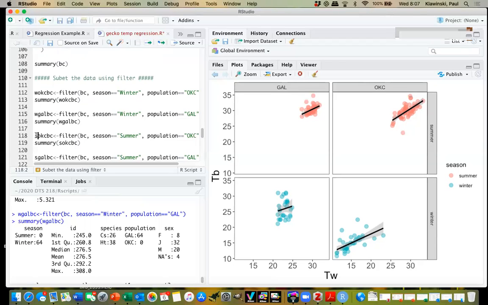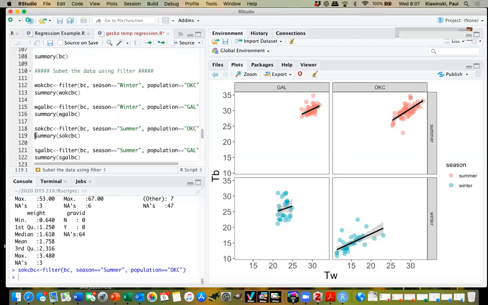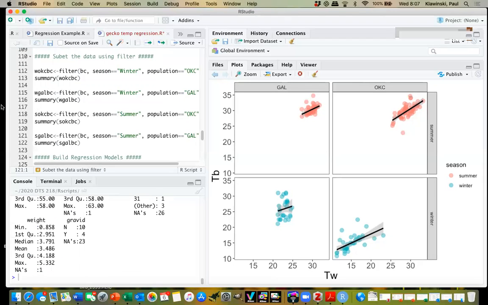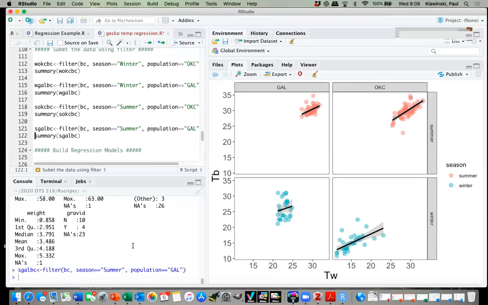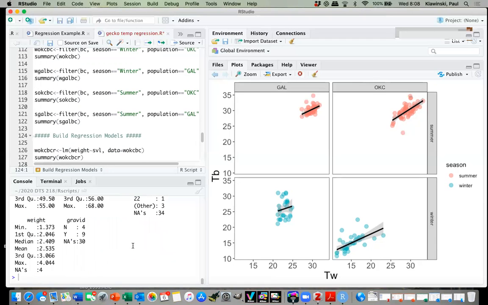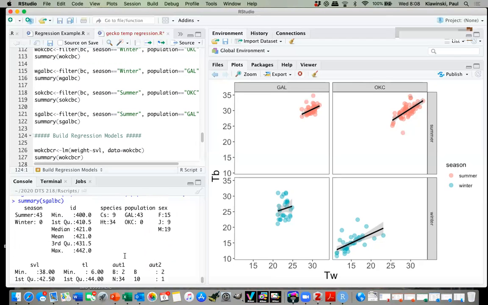So in this case, we have radically different sample sizes among these different subsets. For summer Oklahoma City, we have 37 observations, and we have summer Galveston. We have 43 observations in summer in Galveston.